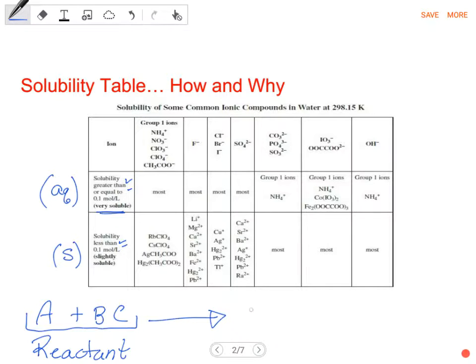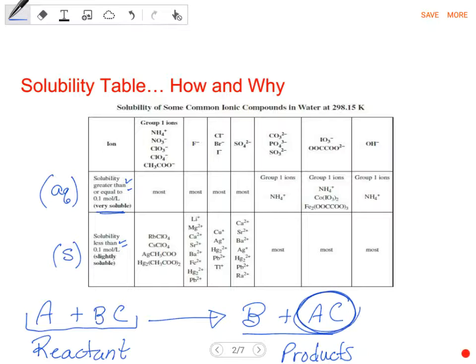Now we're going to have our products. B is by itself. A, C have come together. This side is called your products. And whenever you have an ionic compound on your product side, you must determine its state of matter. It could be aq, it could be solid. And that's what you must use this table for.